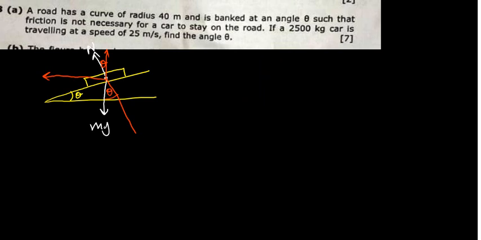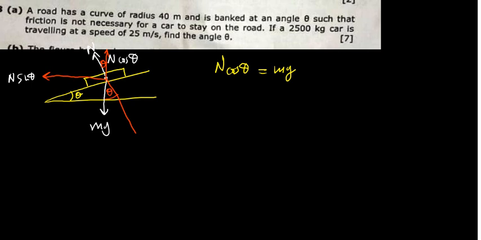So now we can break the normal force into two components. We can see that the y component is adjacent to the angle, so that is going to be normal force cos theta. The x component then is going to be normal force sin theta. So from here, the forces in the y should balance themselves. The normal force cos theta, which is going up in the y, should be equal to mg, which is going down.